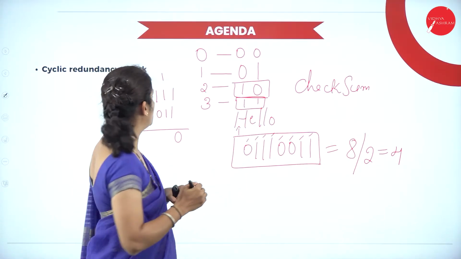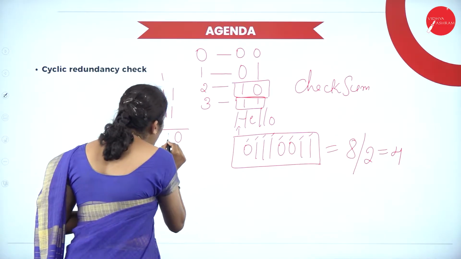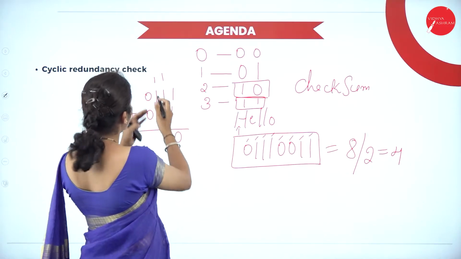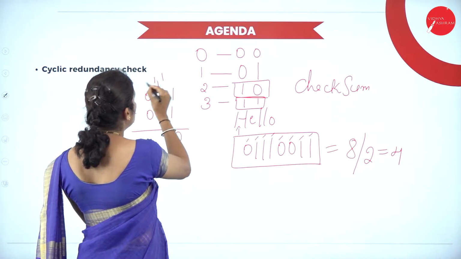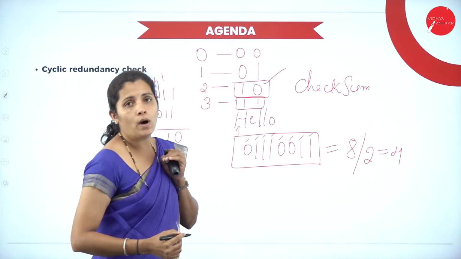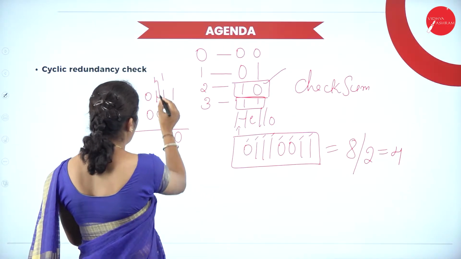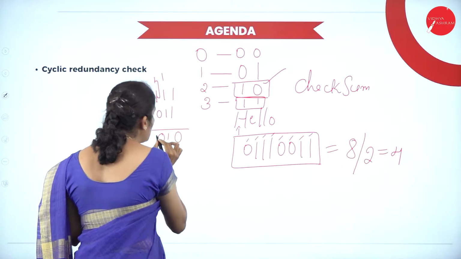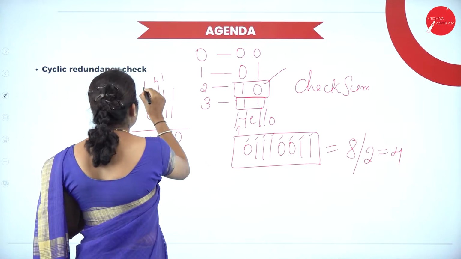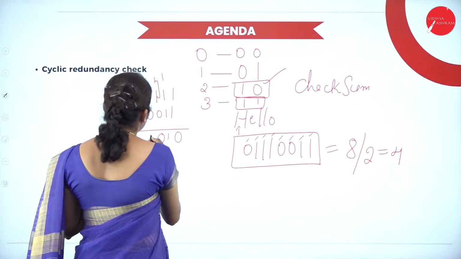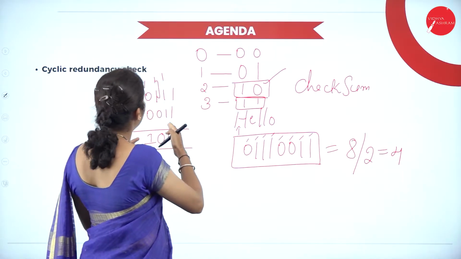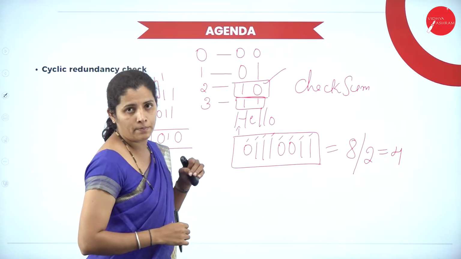So I write 1 below as it is and carry 1. Now I have 1 plus 1, which is 2. Once again it is 1, 0. So I write 0 as it is and move the carry here. So it is once again 1, 0, 1. This is my actual sum.